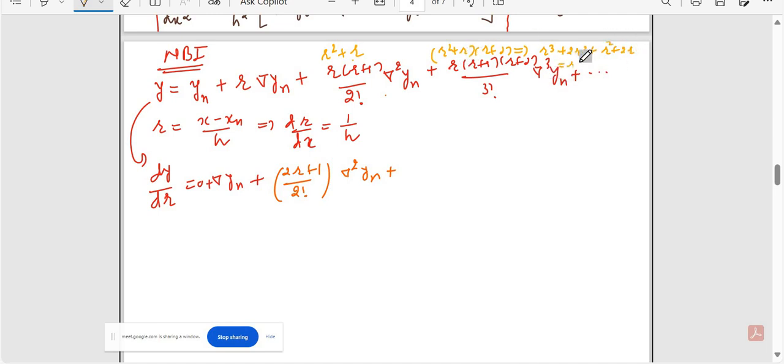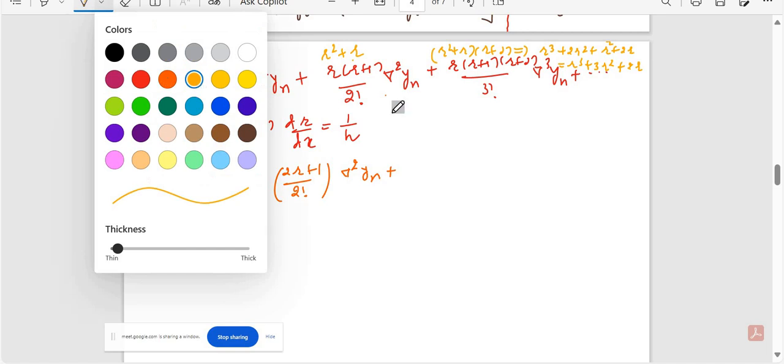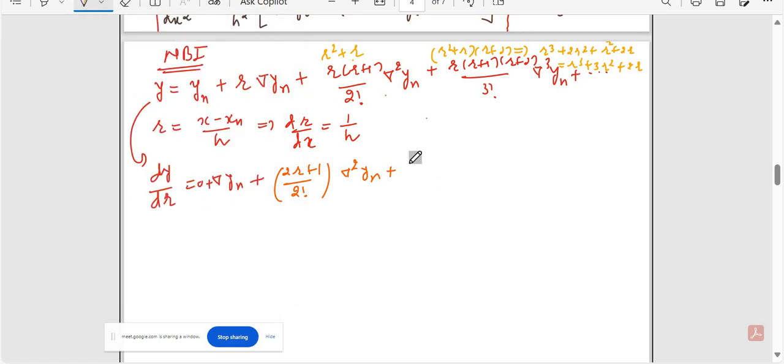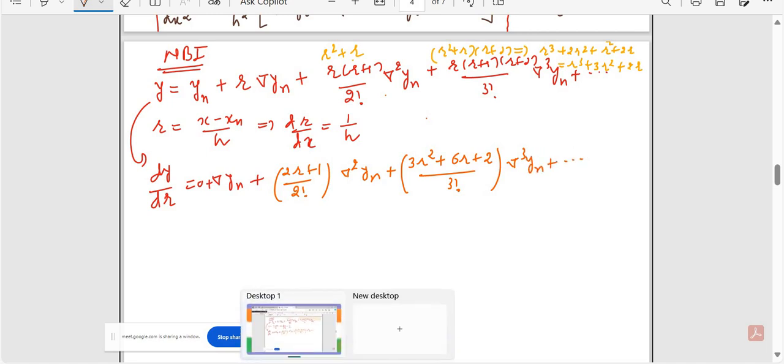So this will be r cube plus 3r square plus 2r. So if you differentiate it, then we will get here 3r square plus 6r plus 2 divided by 3 factorial into Δ cube y and continue in this way. Now any question?